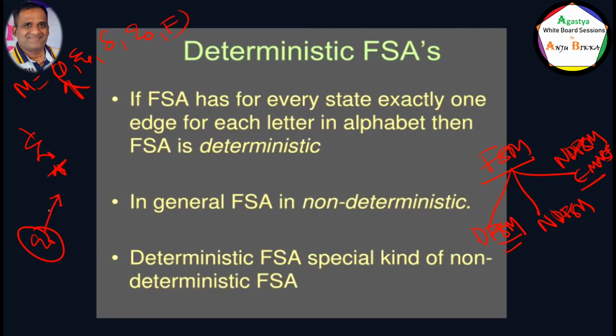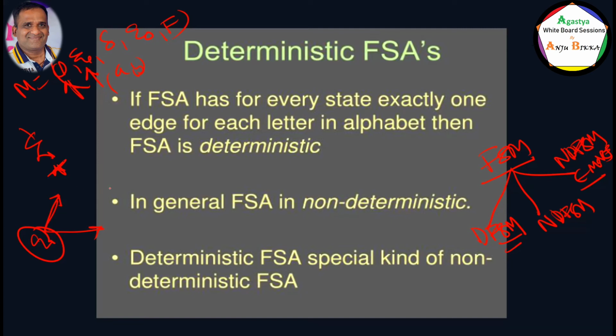The number of outgoing edges is equal to the number of input symbols. If the input symbols are A and B, then we need exactly 2 outgoing edges. Only exactly 2, not more and not less. If it is less, like 1, it is not deterministic. If it is more than 2, it is not deterministic.